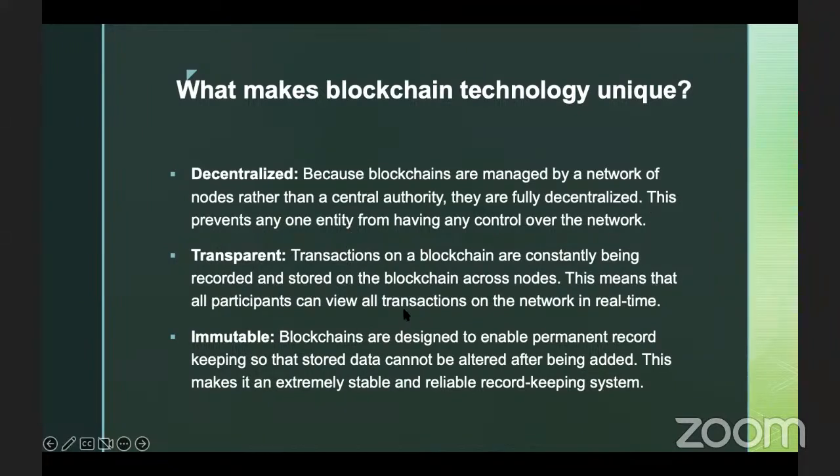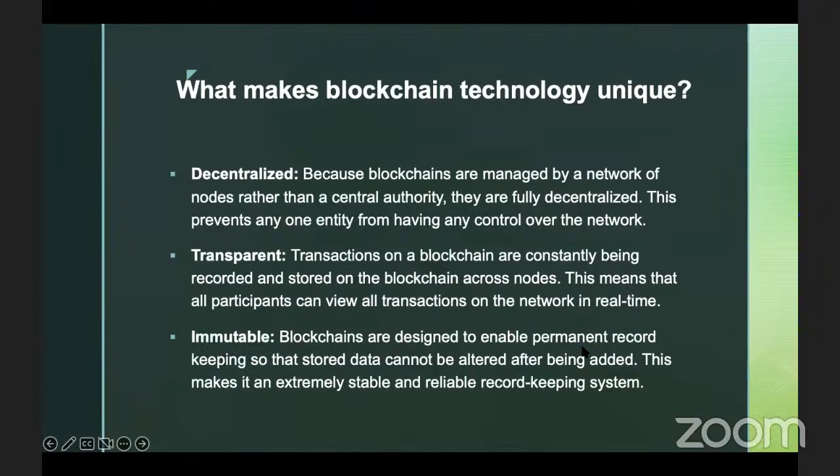Transparent, which we have discussed: transactions on a blockchain are constantly being recorded and stored across the nodes. So everybody knows everything. All the participants can view all the transactions on the network in real time. That makes it transparent. Immutable means non-changeable.